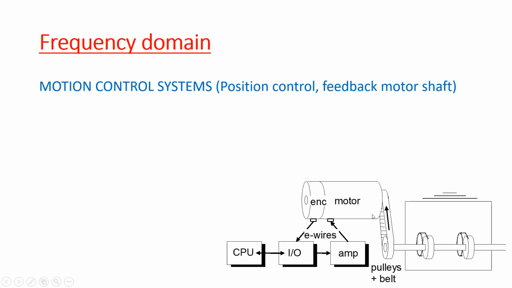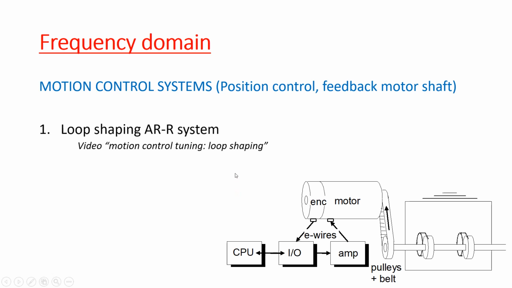And in this system, we have a position controller and we have a system feedback on the motor shaft using this encoder over here. And when we have that situation, we have a so-called system with an anti-resonance resonance behavior. And for that kind of behavior, you can use the loop shaping rules. And these loop shaping rules are explained in the video Motion Control Tuning Loop Shaping.